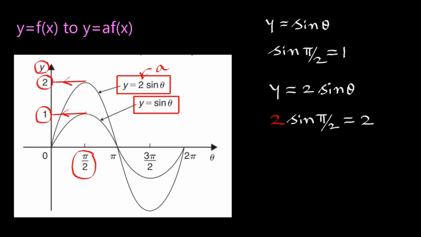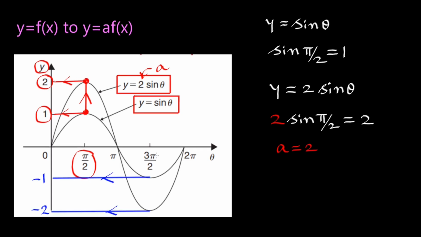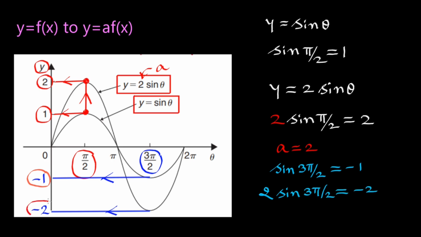So this top point moves from 1 to 2 according to the scale factor a equals 2. Same thing happens with sin 3 pi by 2, which is minus 1. According to scale factor 2, 2 sin 3 pi by 2 becomes minus 2, and the movement of this point from minus 1 to minus 2 happens parallel to the y-axis.